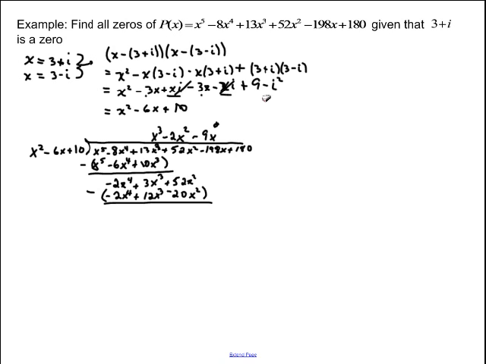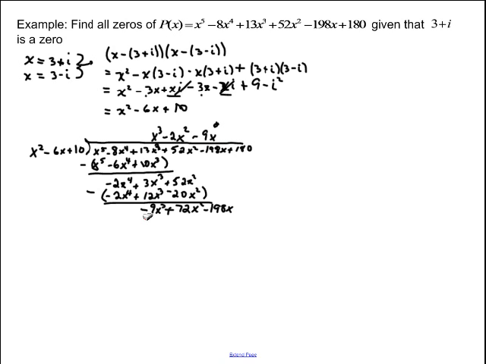Negative 2x to the fourth minus negative 2x to the fourth, plus 12x cubed minus 20x squared, I subtract that away. Of course, I'm going to get 3x cubed minus 12x cubed. That gives me minus 9x cubed. 52x squared minus negative 20x squared gives me plus 72x squared. Then I bring down 198x.